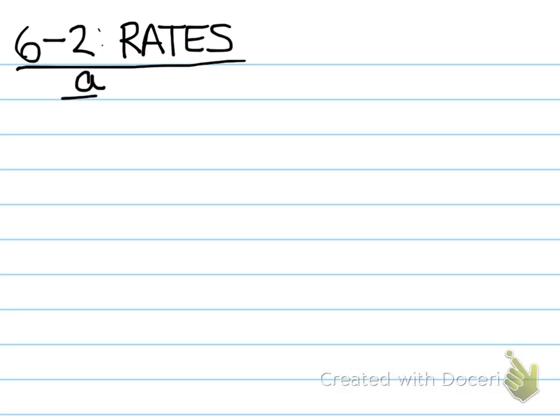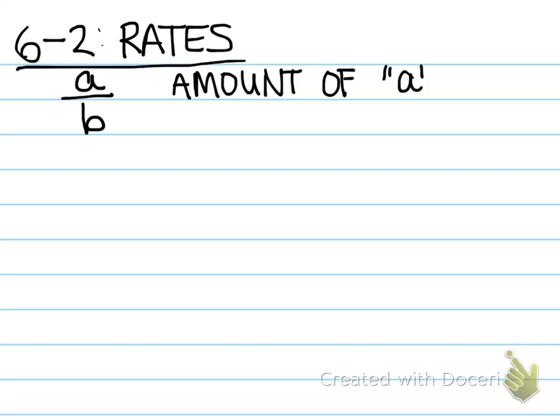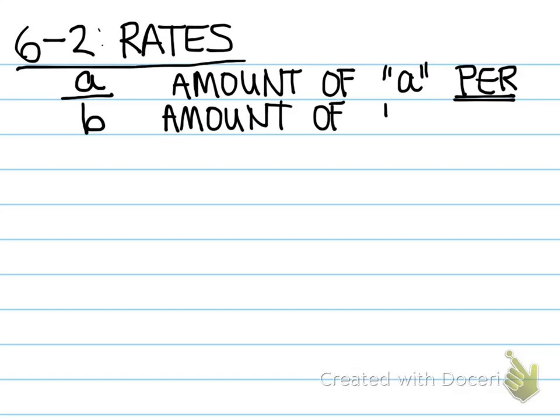So, if you remember back the last time we looked at rates, we talked about how we write rates as fractions, and this represents the amount of A per, remember that fraction bar means per, amount of B. And when we studied this, like I said a few chapters ago, you all listed off a bunch of rates that were common to you.